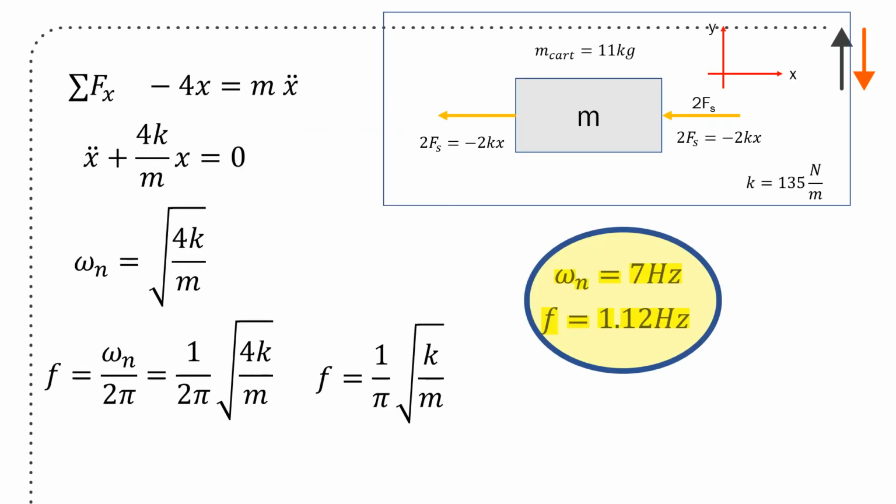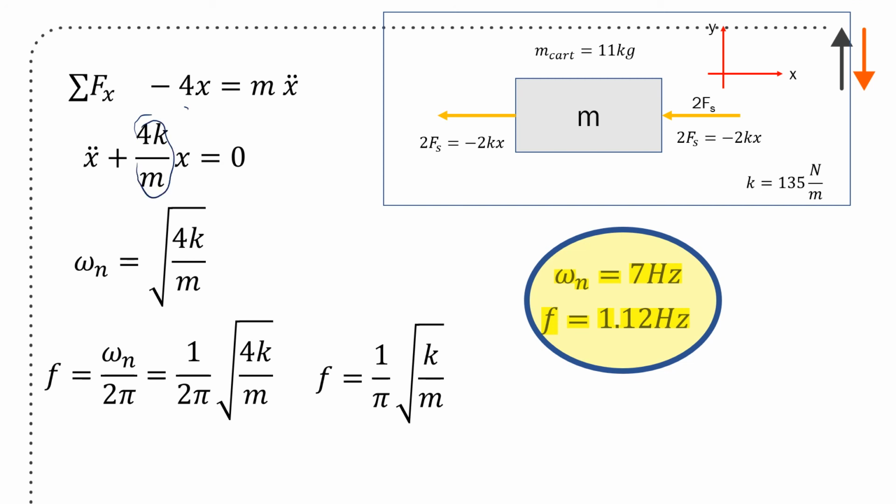And if you do this, you can say, well, I have a free body diagram that consists of minus 2kx minus 2kx. I have x and y there. k equals 135 newtons per meter. So I want this to end up as a positive, so that's why I've defined this as a negative direction. x double dot plus 4k over m, x equals 0. And I get the natural frequency, which is really this term right here.